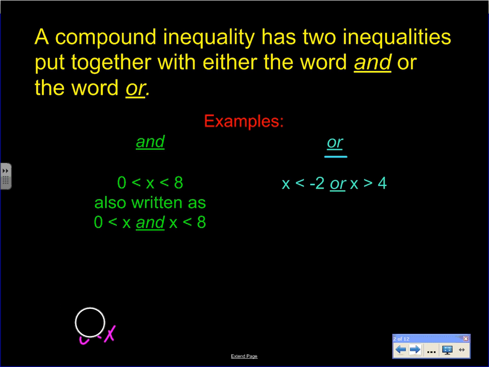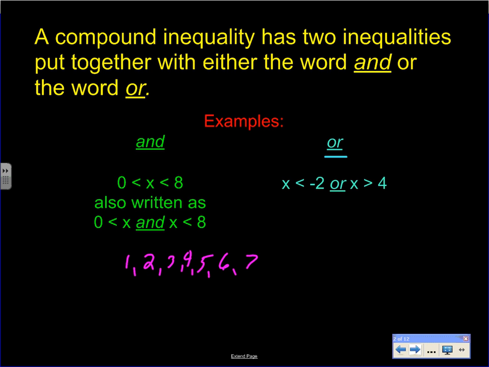Okay, so that is an inequality that represents and. And when we talk about this, we're talking about which numbers for x are going to be between 0 and 8. So like the number 1 fits because it's between 0 and 8. And number 2 fits because if we plug it in there, 0 is less than 2, which is less than 8. And 3, 4, 5, 6, 7, all those fit.